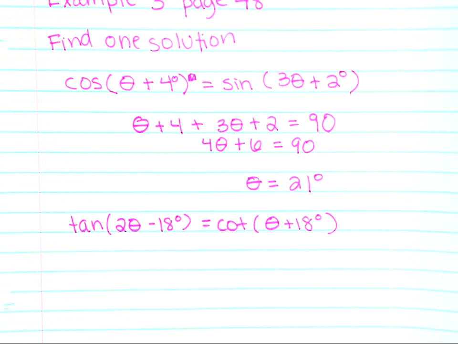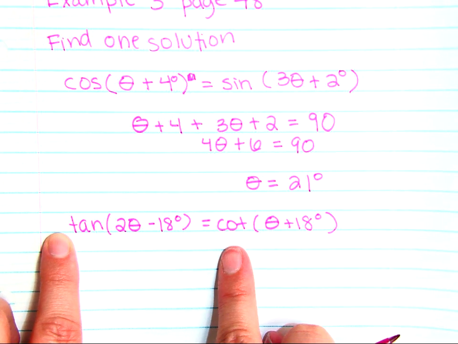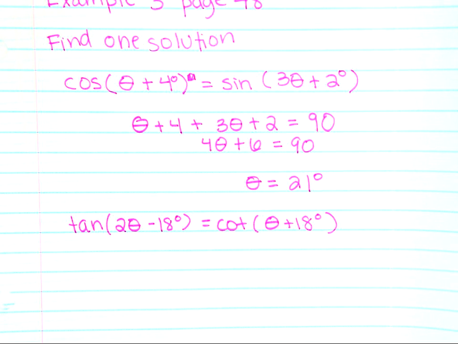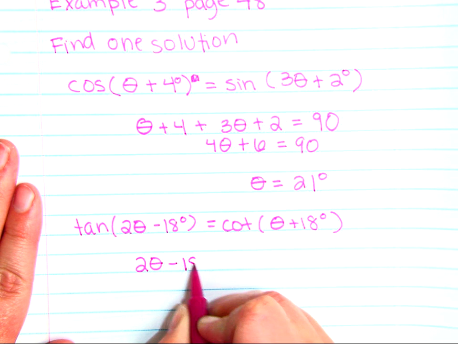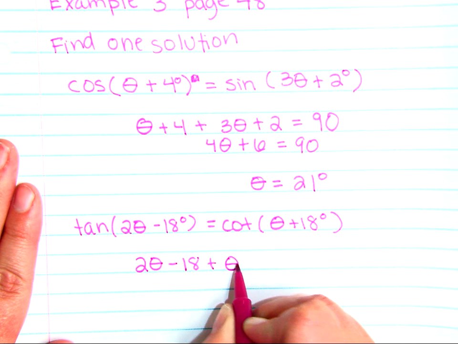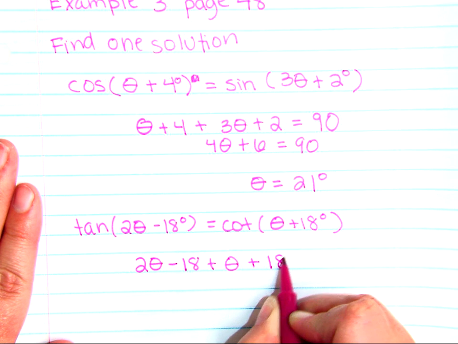Because if I can figure that out, then I really could check my work using my calculator. You need to recognize that tangent and cotangent are cofunctions of each other, which means together, if this is a true statement, these two angles have to equal 90 degrees.